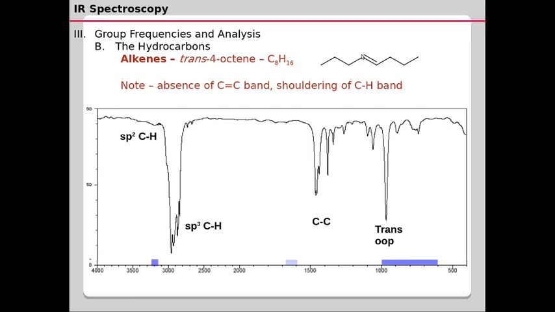The carbon hydrogen bond on this carbon, or on this carbon, could bend out of the plane of the molecule. So this is called the out of plane bending vibration of the trans carbon hydrogen bond system, and that gives us this typical band.